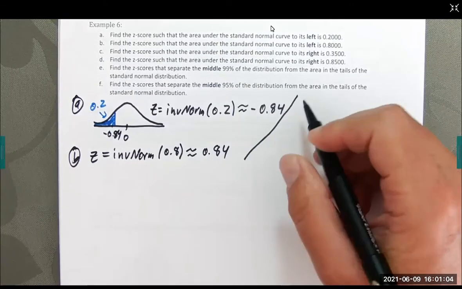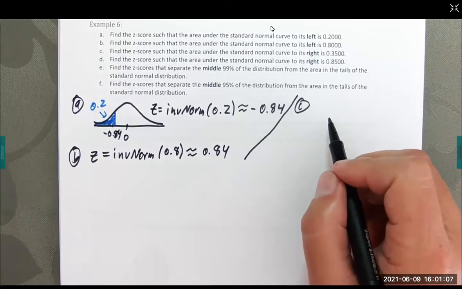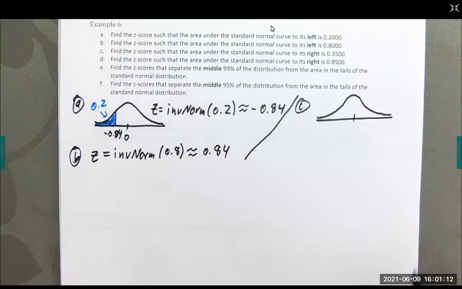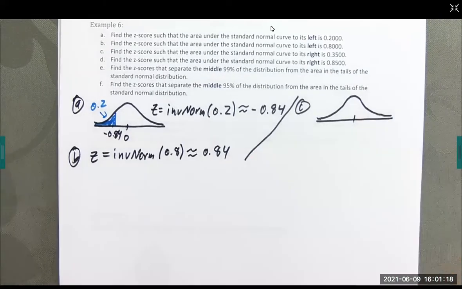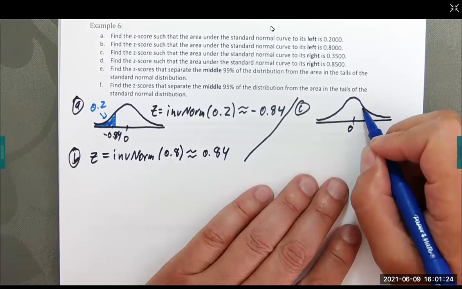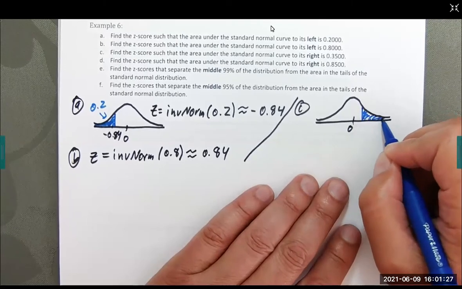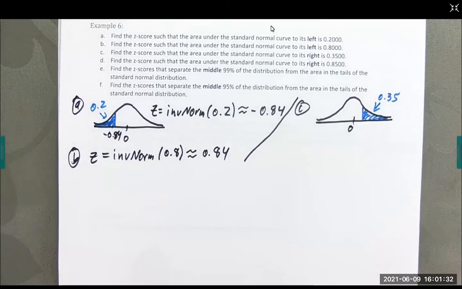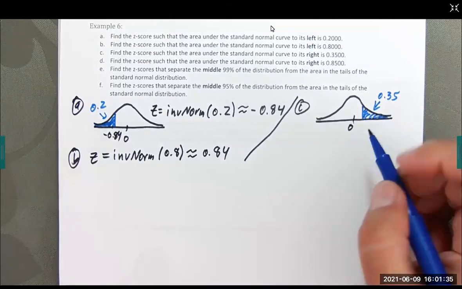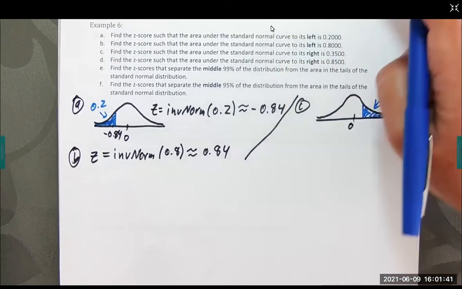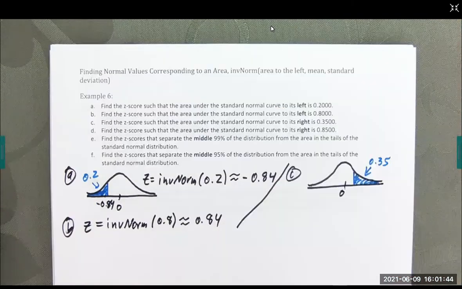Let's save some space here. Let's try C. C is area to the right. Area to the right is 0.35. So because I'm going to the right, and this is 0 here, and we're less than 50% on this one, we're going to be in the positive over here somewhere. 0.35, less than 0.5. Now, what I have to do to get this Z value, because it's area to the right now, and we only know area to the left, is a little trick.